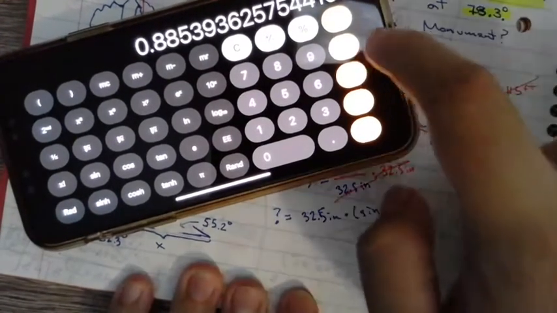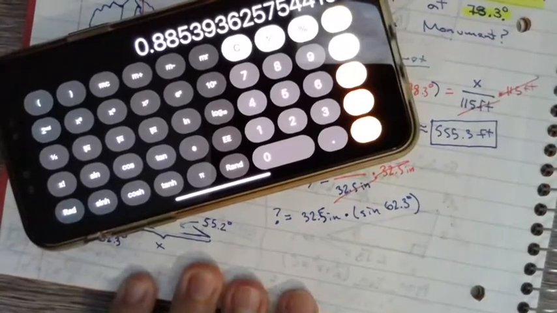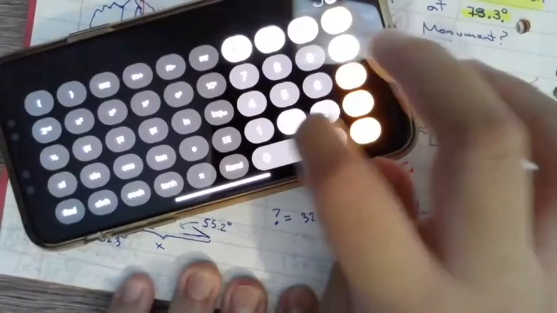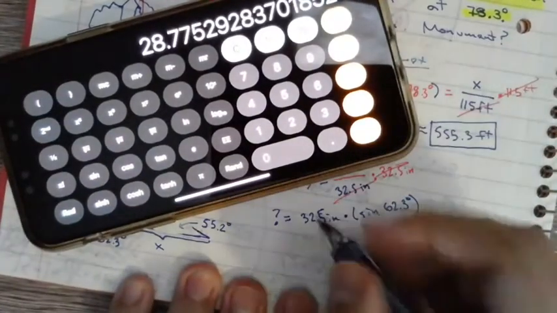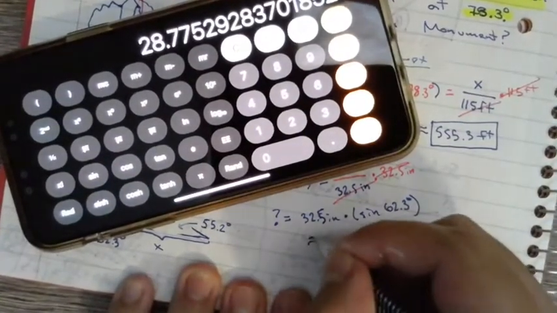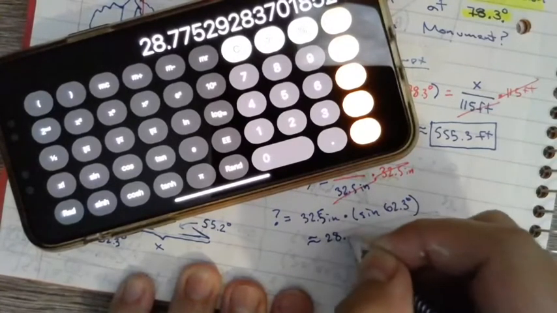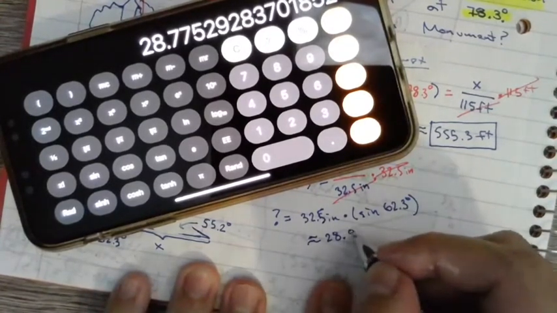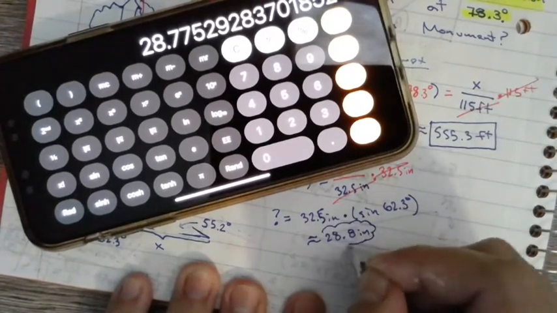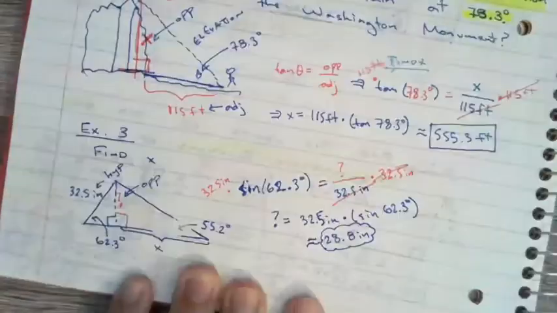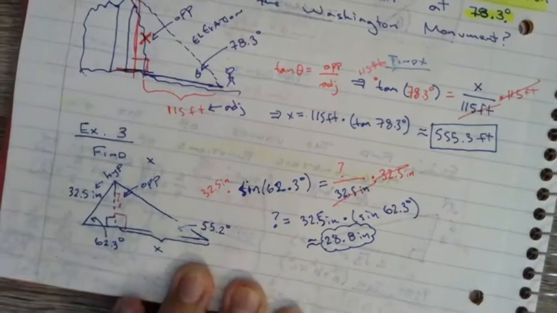And then I'm going to multiply it by 32.5. So then your answer ends up being about 28.77, so I'm going to round that up, so about 28.8 inches. And there you go. So now, that's what you have right there.